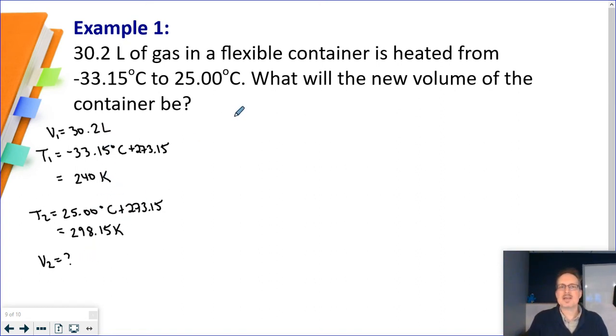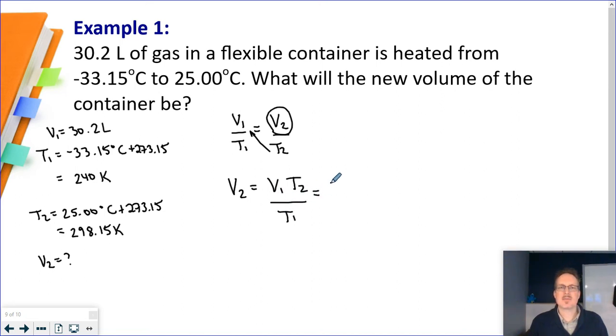So as always, 1 mark for the formula. V1 over T1 equals V2 over T2. So we are going to solve for V2, which means I've got to get rid of T2 since it's in the basement. We're going to move it upstairs. V2 equals V1 times T2 over T1.